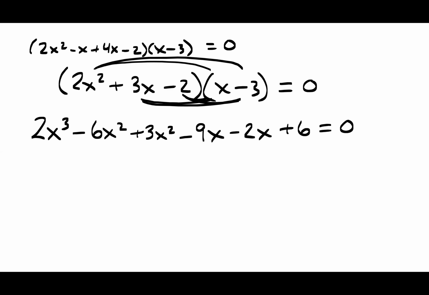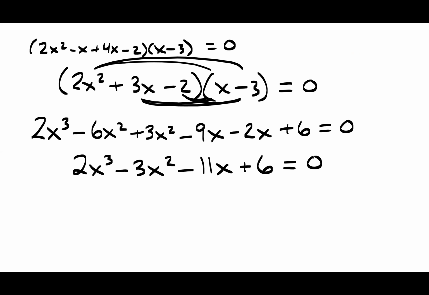Simplifying this down, I think we have our polynomial here. So how about 2x cubed? Negative 6 and 3 make negative 3x squared. Negative 9 and negative 2 make negative 11x plus 3. And voila, there's our polynomial. Oh, we forgot something. It says that the leading term has to be negative. So that 2 can't be a 2.